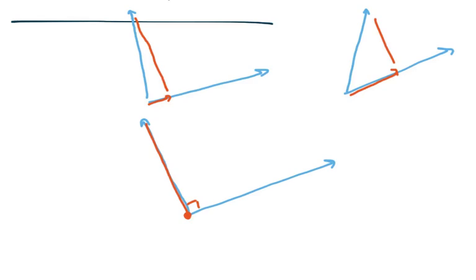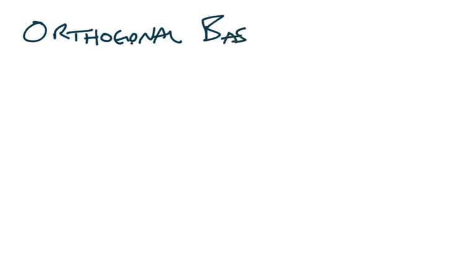All right, so this is the first refinement that I want to make of this notion of a basis that we have. So what we want to do here is have the idea of an orthogonal basis. An orthogonal basis is exactly what it sounds like.